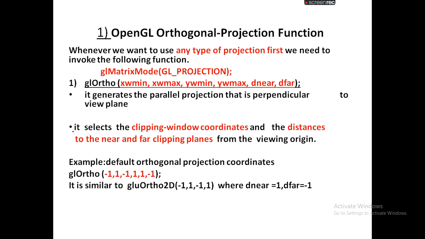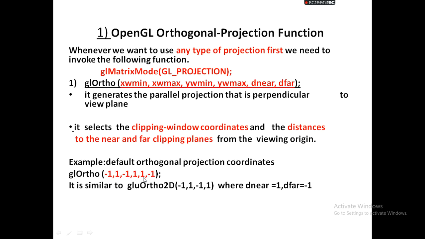As you can see, this -1 is x min and this +1 is x max. X min is -1 and x max is +1. Similarly, y min is -1 and y max is +1.